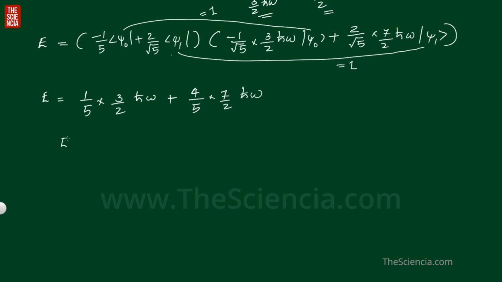That is, we get E equal to 3 by 10 h cross omega plus 4 into 7, that is 28 by 10 h cross omega. That is, we get E is equal to 31 h cross omega by 10. So this is the answer.